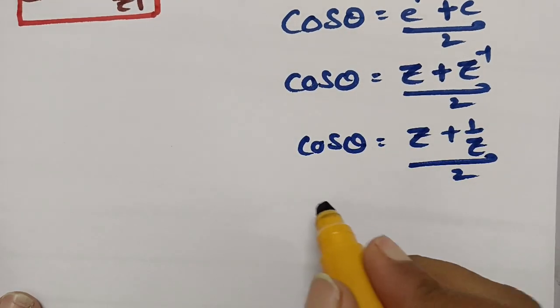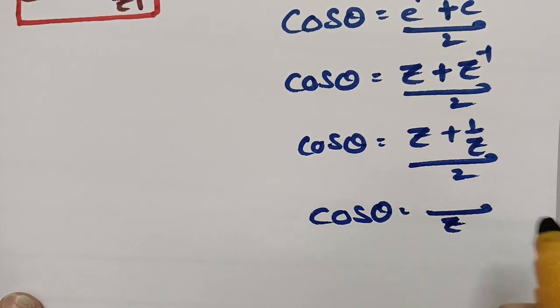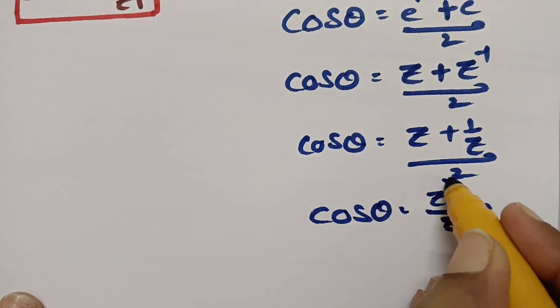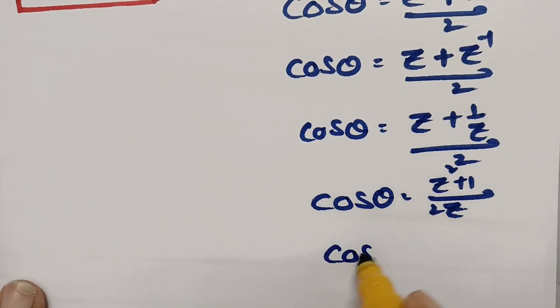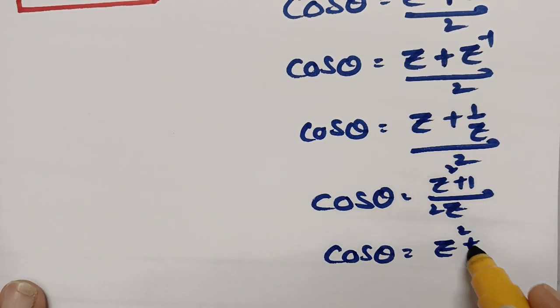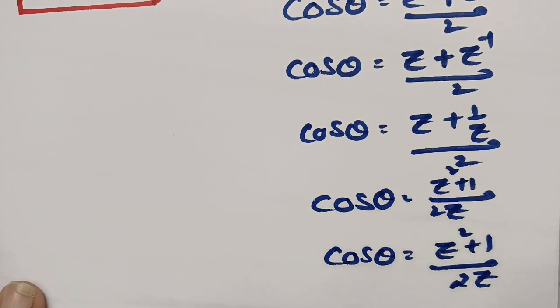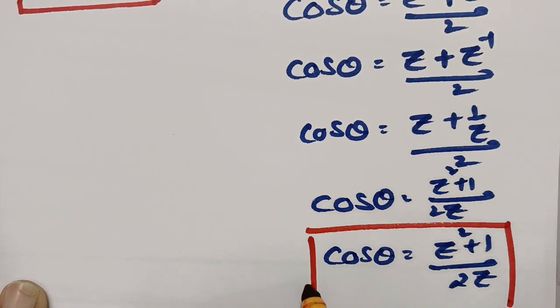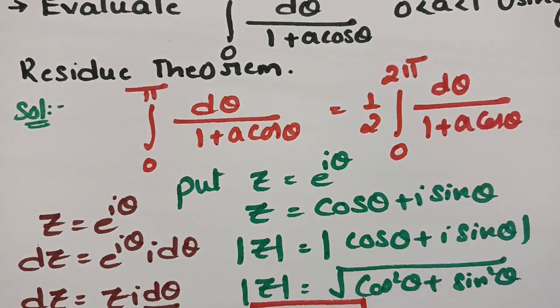And therefore, if I take z as LCM, this will be z square plus 1, and already there is 2 here. Therefore, cos theta is equal to z square plus 1 by 2z. As we got the cos theta value for substituting in this integral, all the values are ready. The d theta value is ready, and the cos theta value is ready.